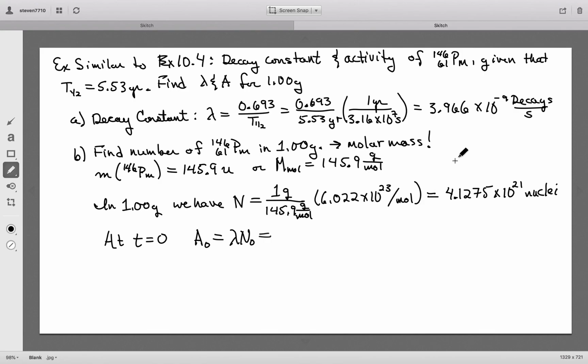So we have our lambda value of 3.966 times 10 to the minus 9 decays per second times our N0 of 4.1275 times 10 to the 21 nuclei. And together, that gives you an activity of 1.637 times 10 to the 13th decays per second.